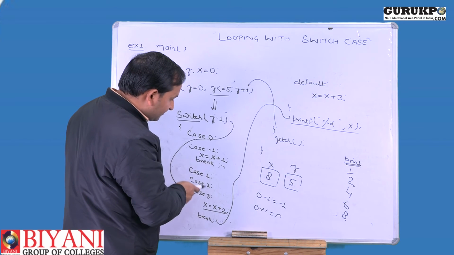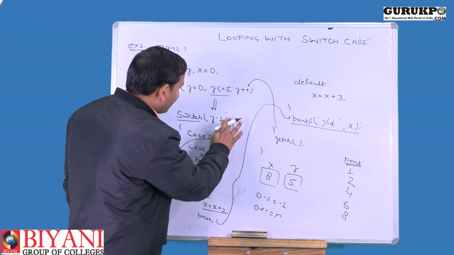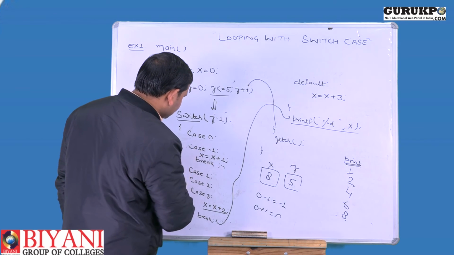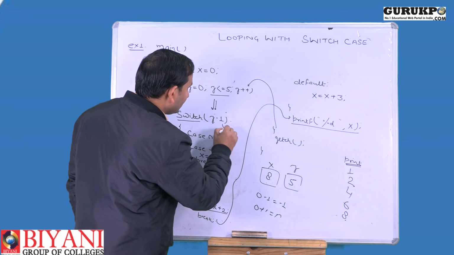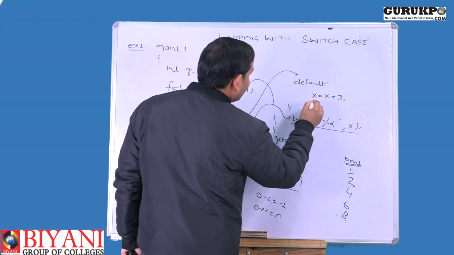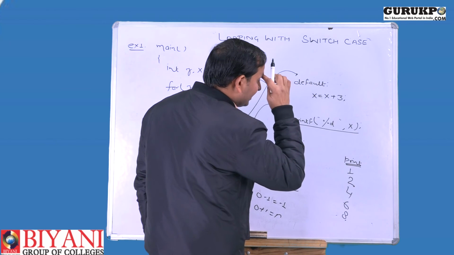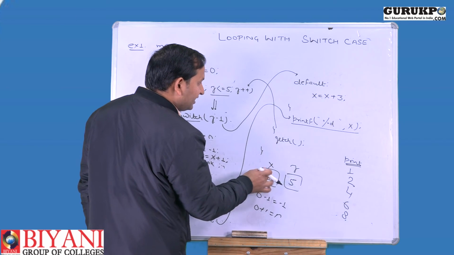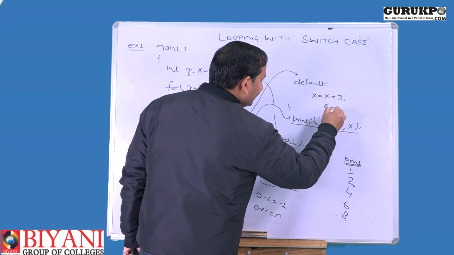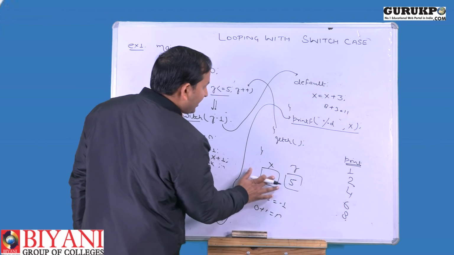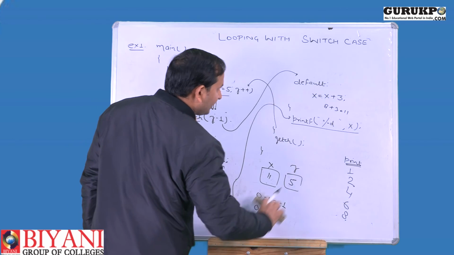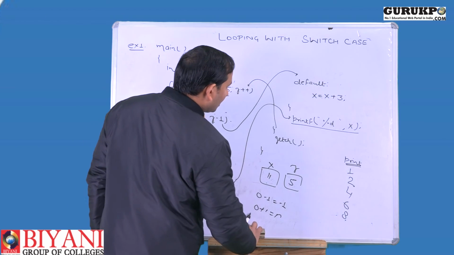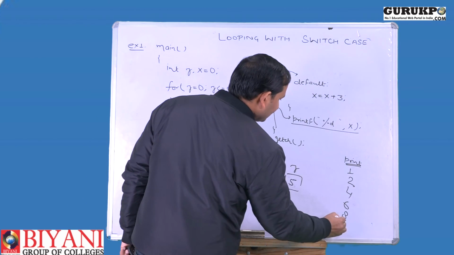There is no particular case 4, so control goes to default statement. x assignment x plus 3. The previous value of x is 8. Now x plus 3, 8 plus 3 gives 11. So value of x is now 11. Control goes outside, so it prints 11.